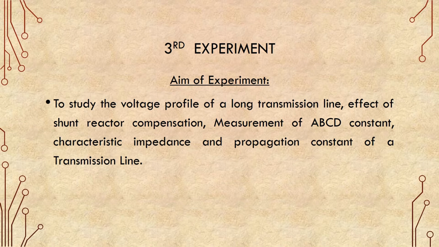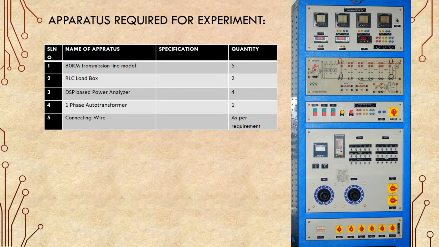We will study the voltage profile and see the effect of shunt reactor compensation, and also we will measure the ABCD constants, and from the ABCD constants we will calculate the characteristic impedance and propagation constant of the transmission line. Before that we need a certain number of apparatus to do the experiment.